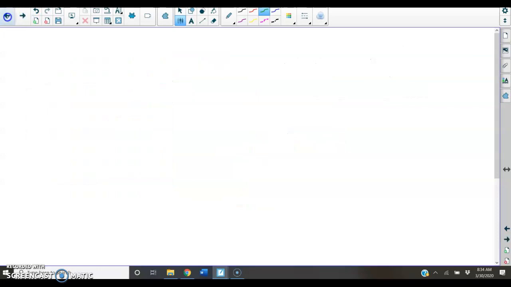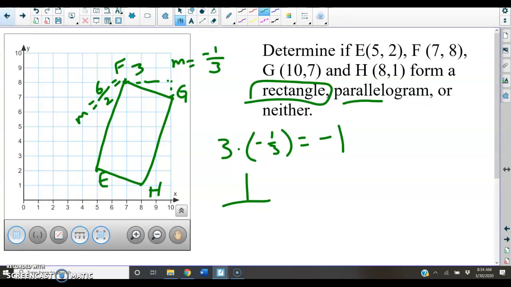Okay. Let's go back. Let's check to make sure that the diagonals are congruent. Okay, so if we use Pythagorean theorem, or the distance formula, the change in y is 7 and x is 1. So it'd be 7 squared plus 1 squared. 49 plus 1 is 50.